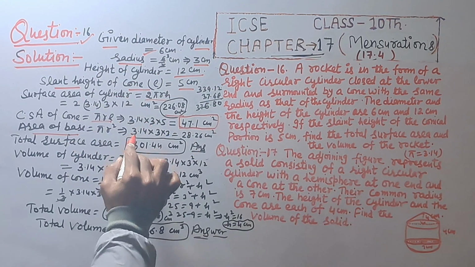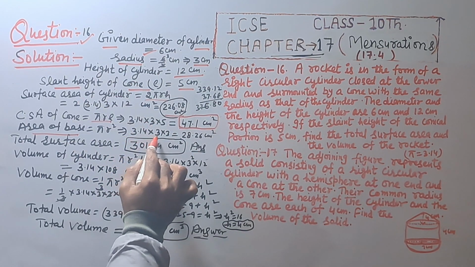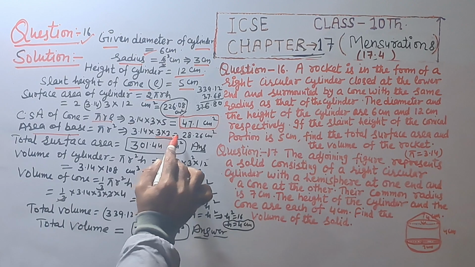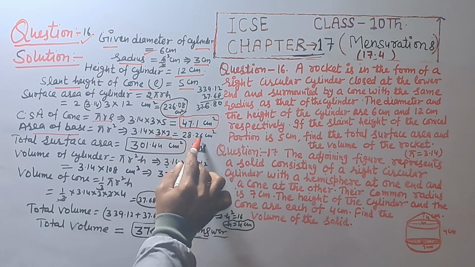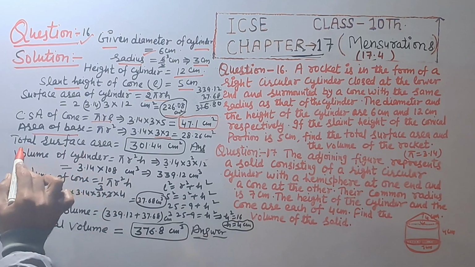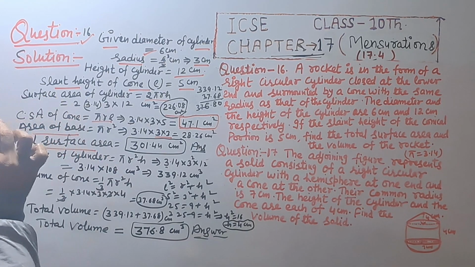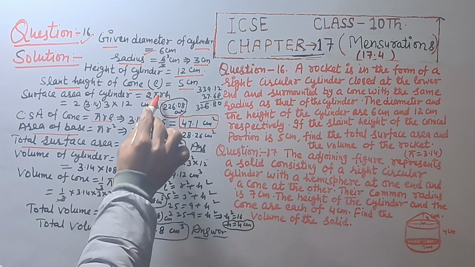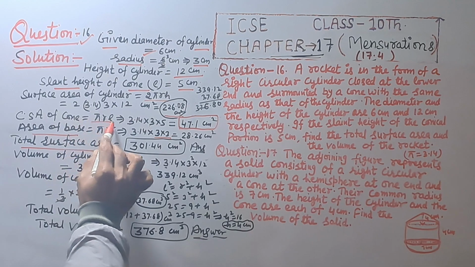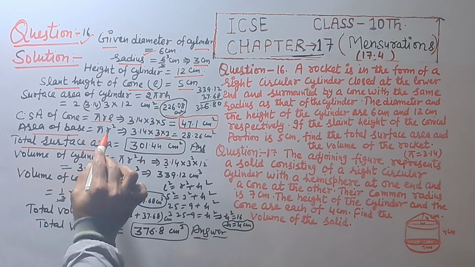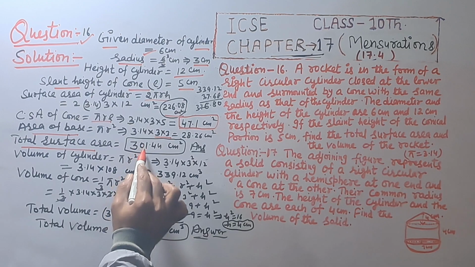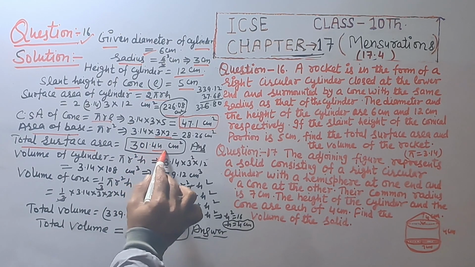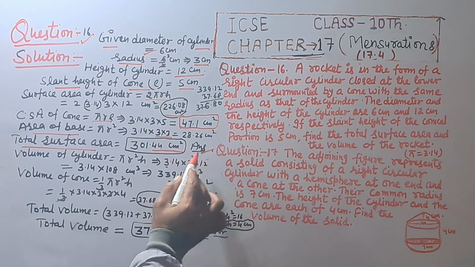And area of base, that is circle. Area of circle pi r square. Pi is 3.14 and radius is 3 into 3. Then this is equal to 28.26 centimeter square. And total area equal to curved surface area of cylinder plus curved surface area of cone plus area of base. That is total sum is 301.44 centimeter square. Answer.